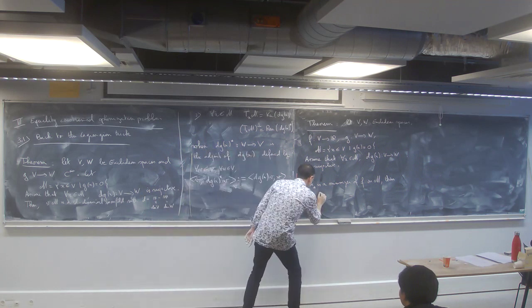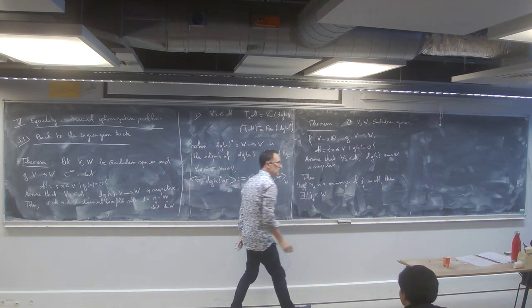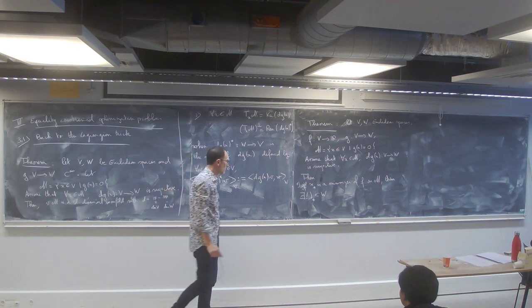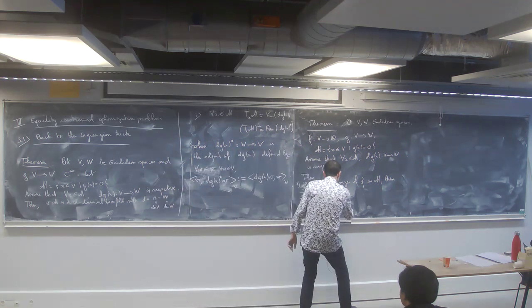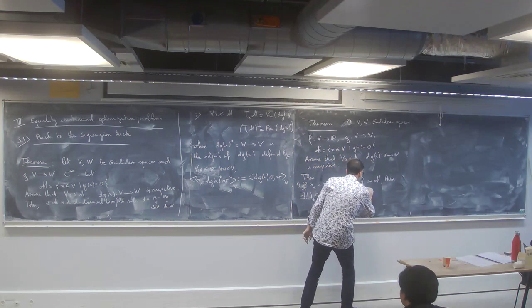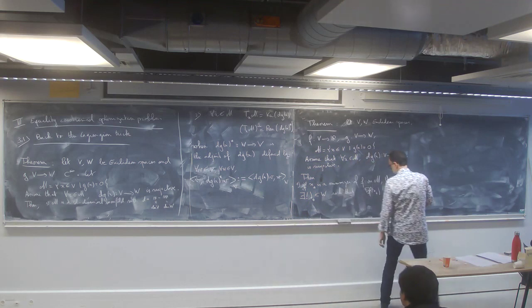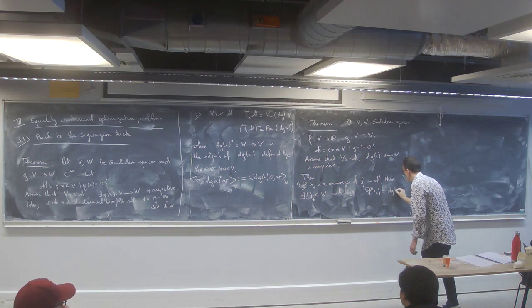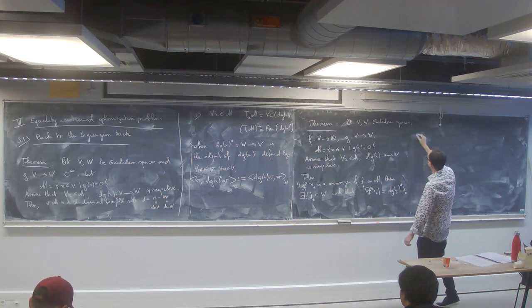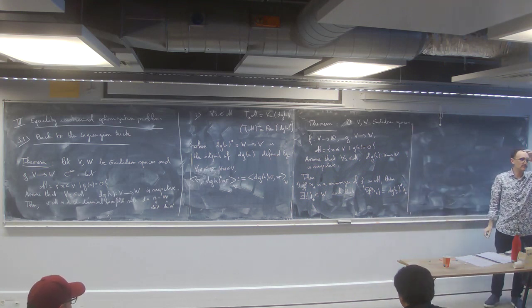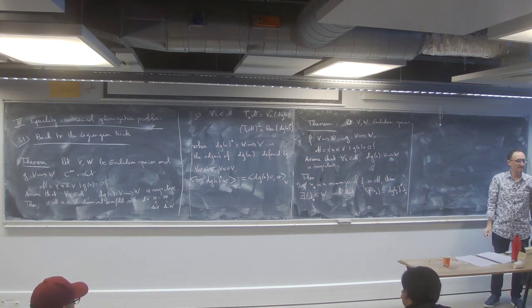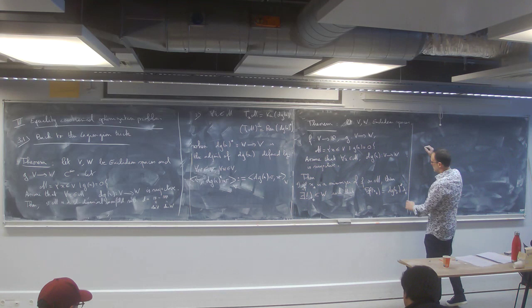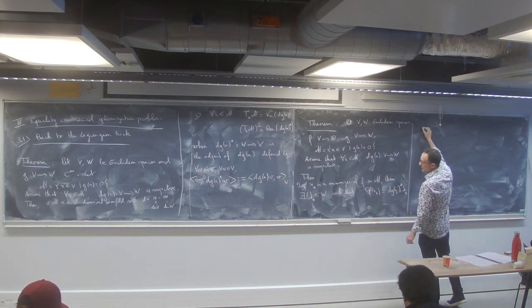This Lagrange multiplier lives in W, and such that the gradient of F at point X star is equal to dg X star, star, applied to lambda star. A lot of stars. So that's the first occurrence of the Lagrange multiplier.